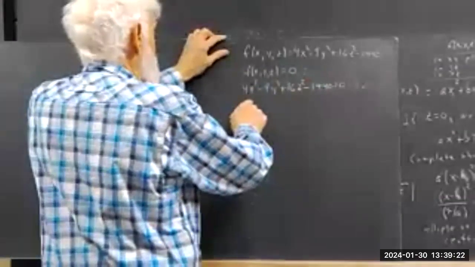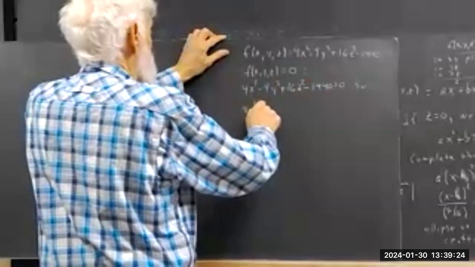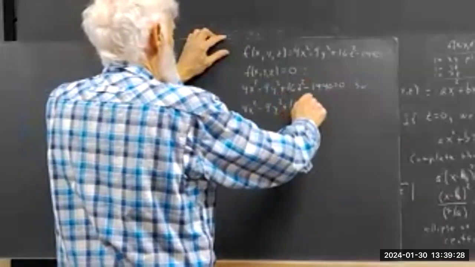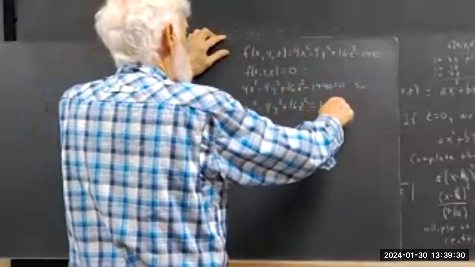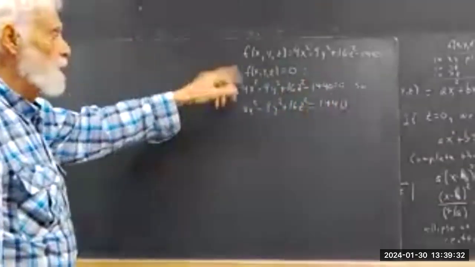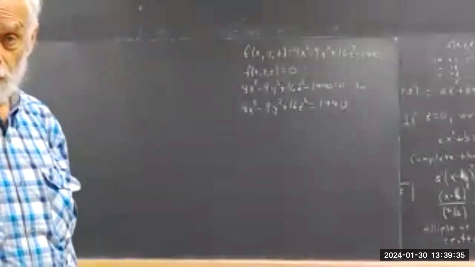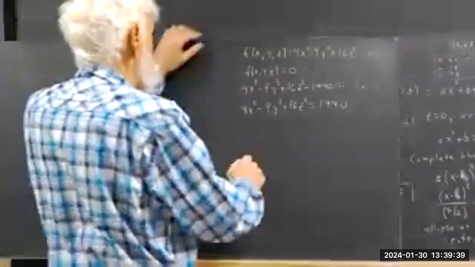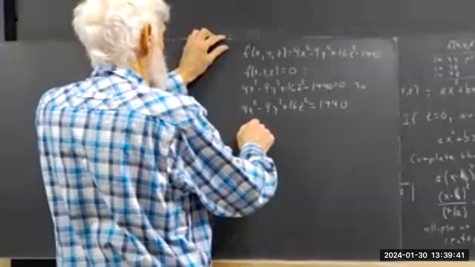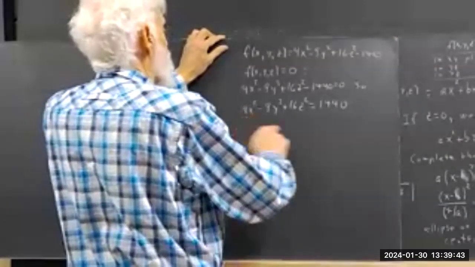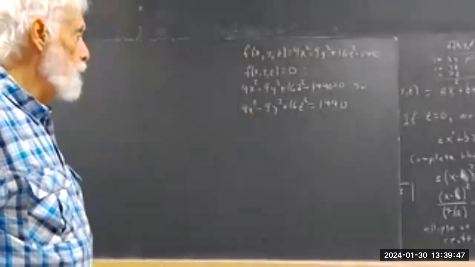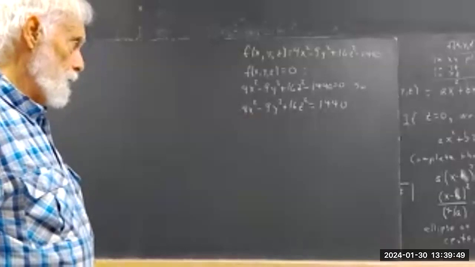So what we get is very straightforward. First of all, we add 1440 to both sides. So now, 4 goes into 1440, 360 times.